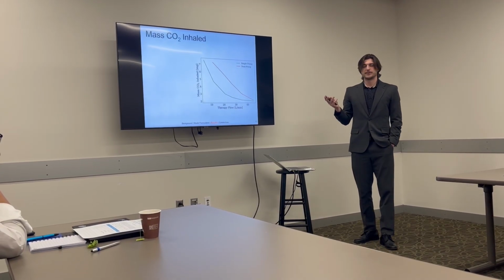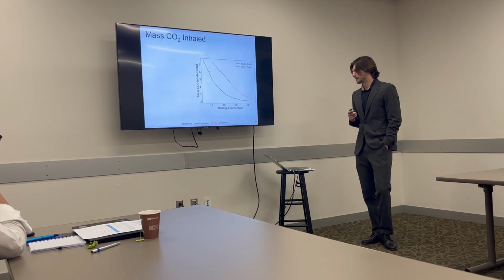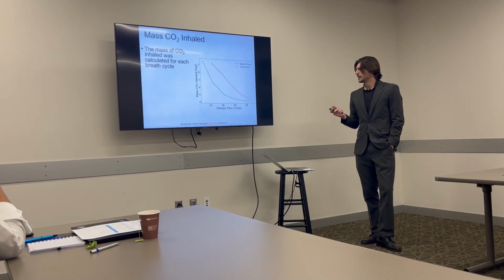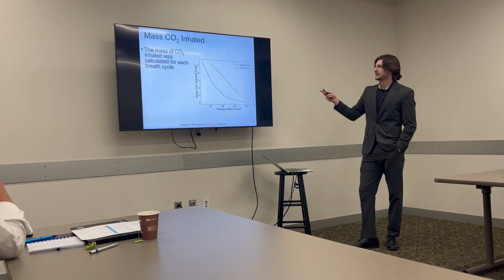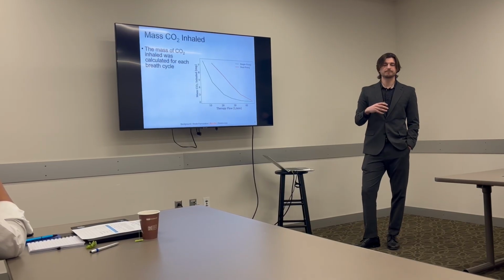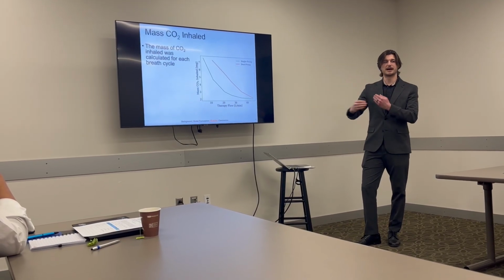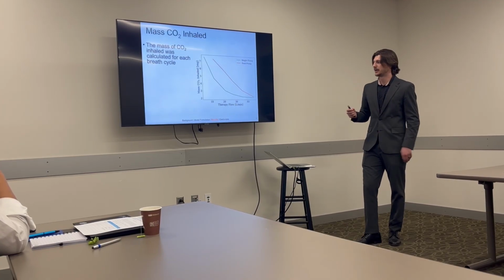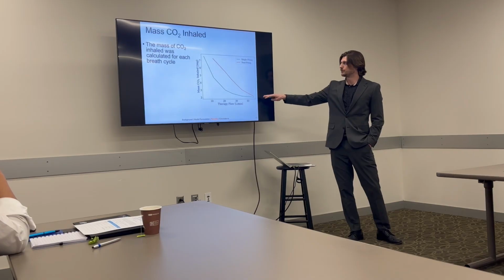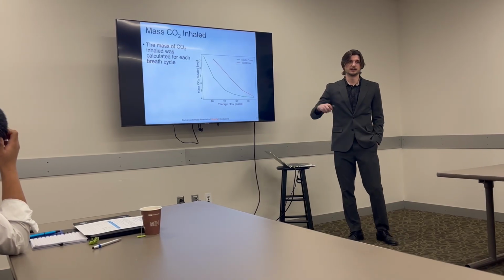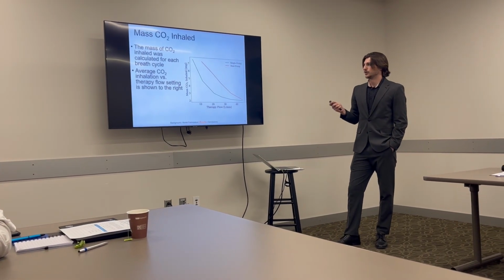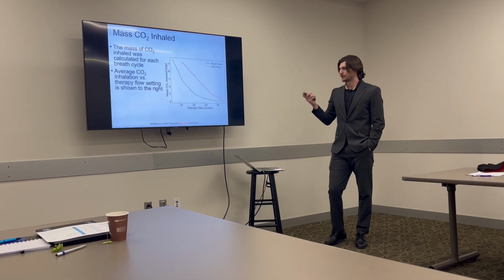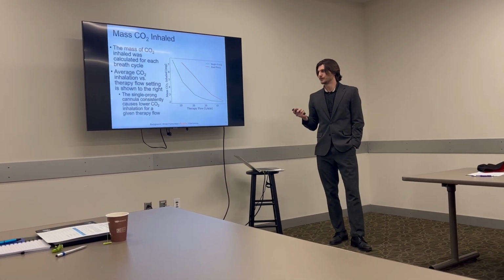Our primary metric of effectiveness was the mass CO2 inhaled. We calculated that for each breath cycle, and we time averaged multiple breath cycles after we had reached quasi-steady state to get a value for each therapy flow rate and each cannula geometry. So this is average CO2 inhalation versus therapy flow setting for each of those.